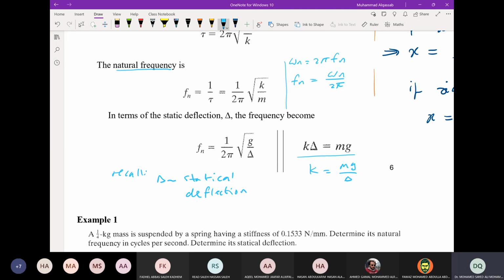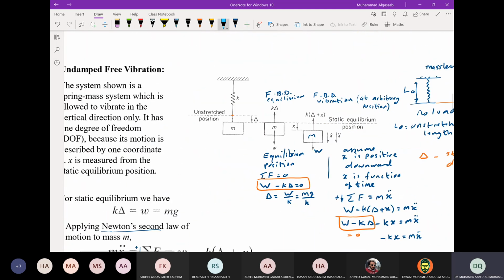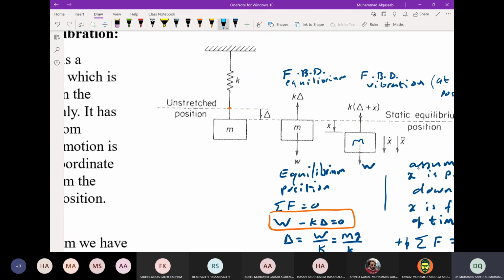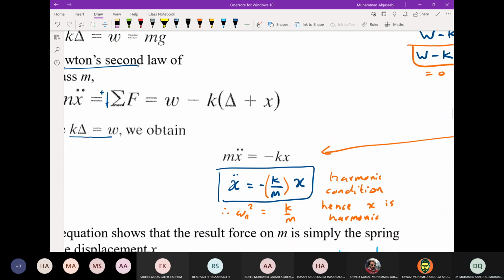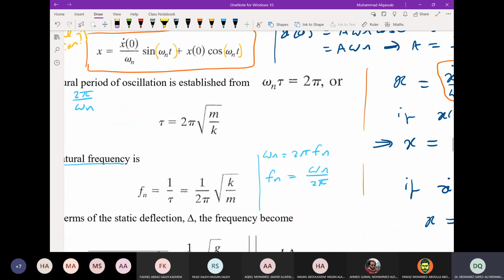So when you have a spring mass system, if we go back to the model, the spring was with L0 before adding the mass. So when you add the mass, it will slowly go to the equilibrium position. And if you measure delta, then you can use delta in the equation of fn to find the natural frequency, without knowing how much is the mass, without knowing how much is the stiffness.